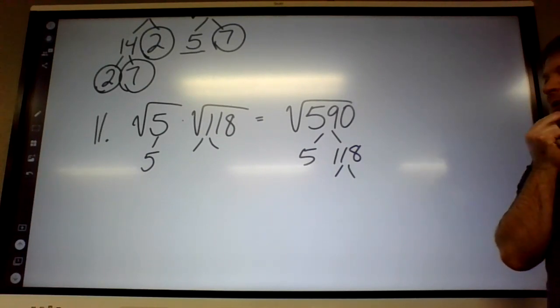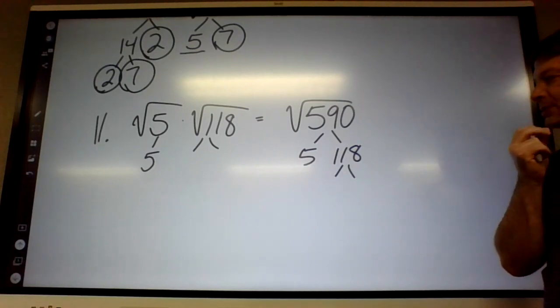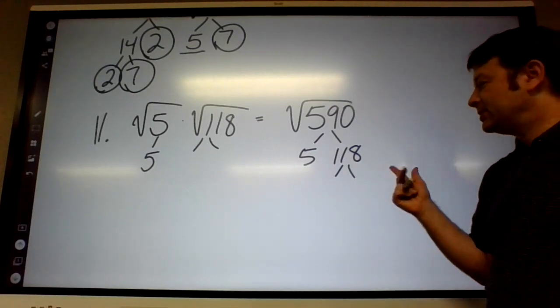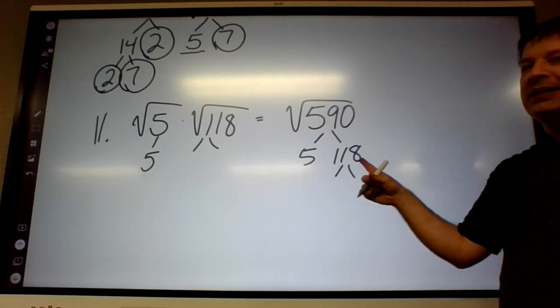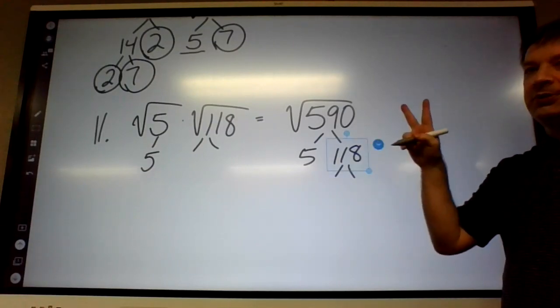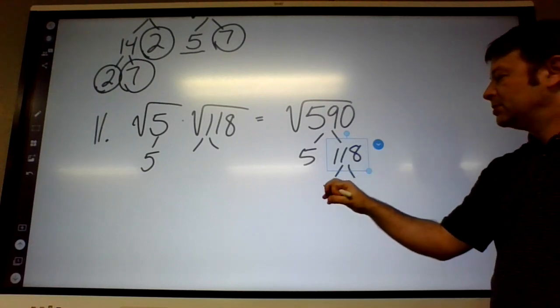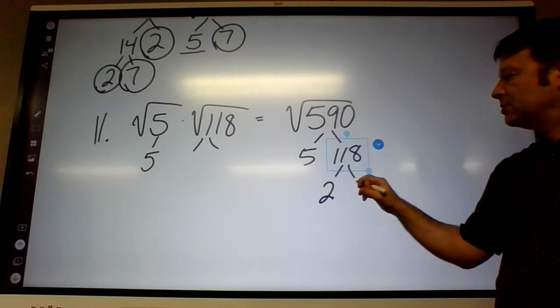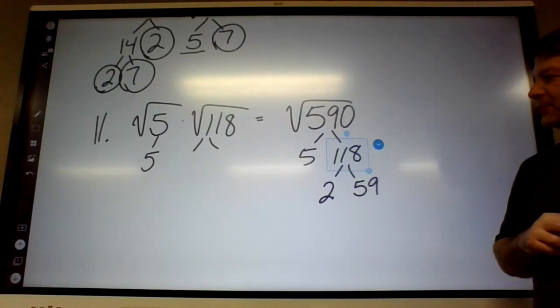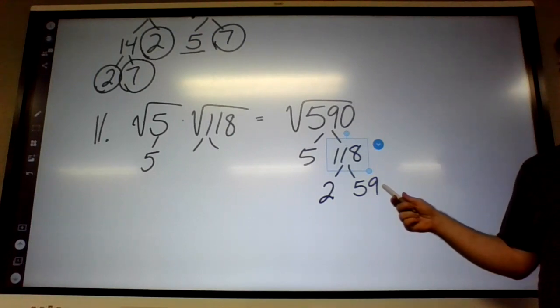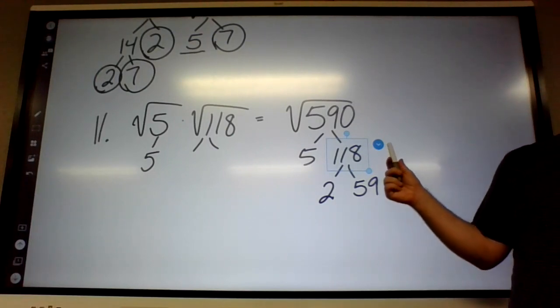Well, if it ends in 8, what for sure goes into it? Okay, well, no, actually not 6. If it ends in 8, it's an even, so that means 2 goes into it. 2 times 59.